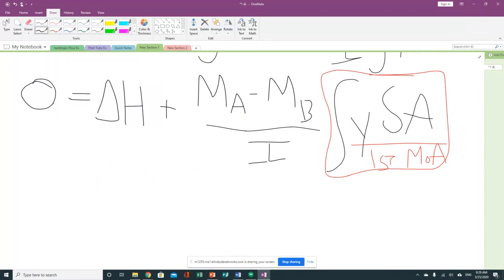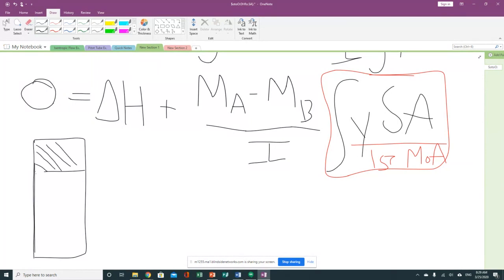Say that I have a box, and I'm looking at some region up here on the box. Let's establish that this line Z is Y equals 0.